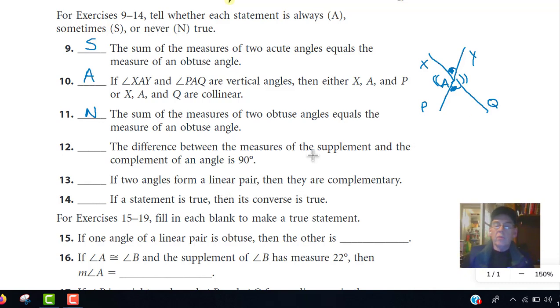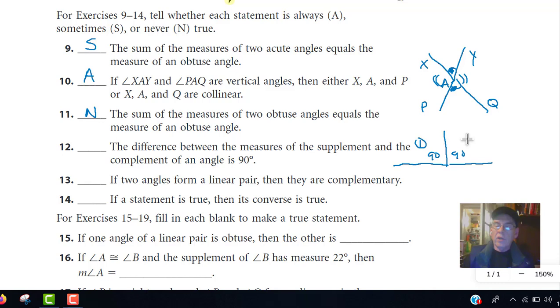Number 12, the difference between the measures of the supplement and the complement of an angle is 90. Let's look at this one. Let's just use this, okay? So this is a 90. This is a 90.